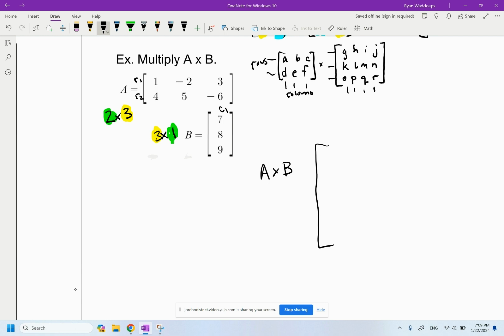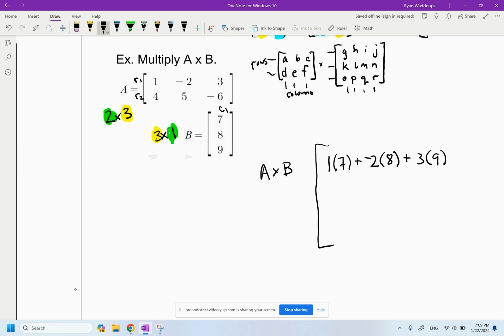We're going to take 1 times 7, plus -2 times 8, and then add that to 3 times 9.